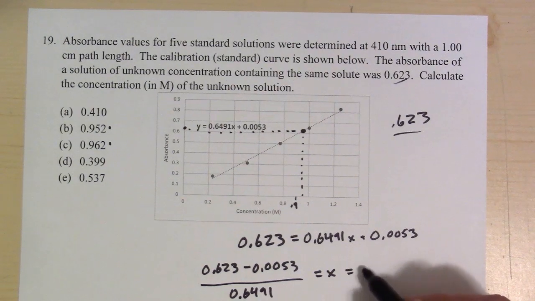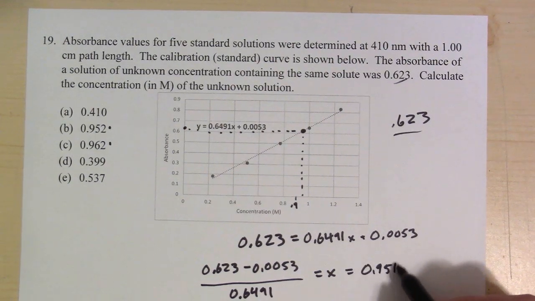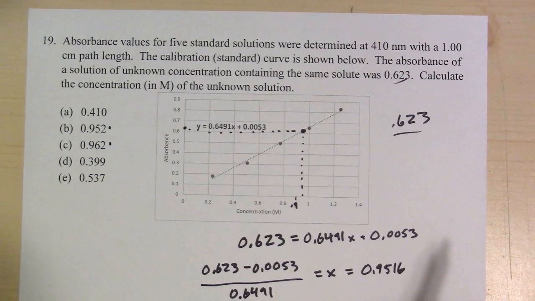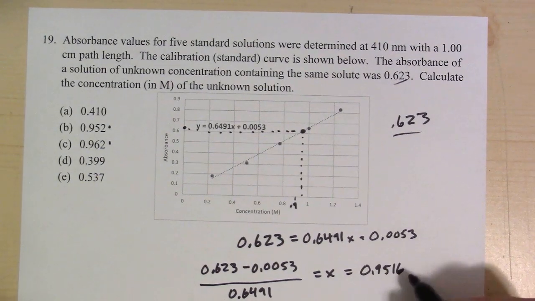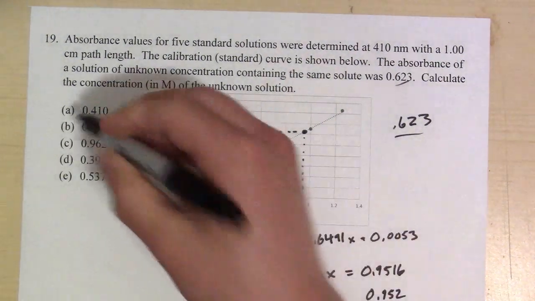So that will give us 0.9516. So that matches, once we round, with choice B here.